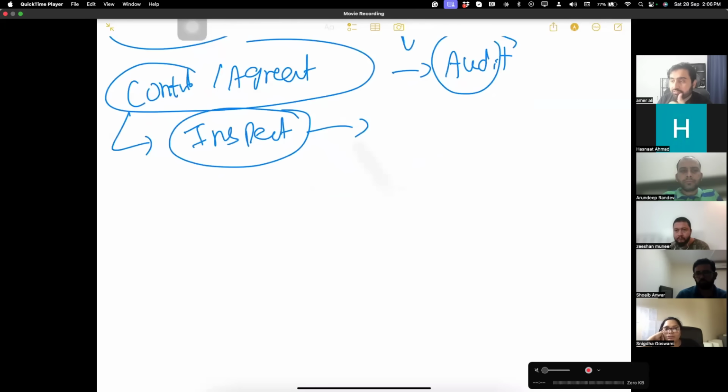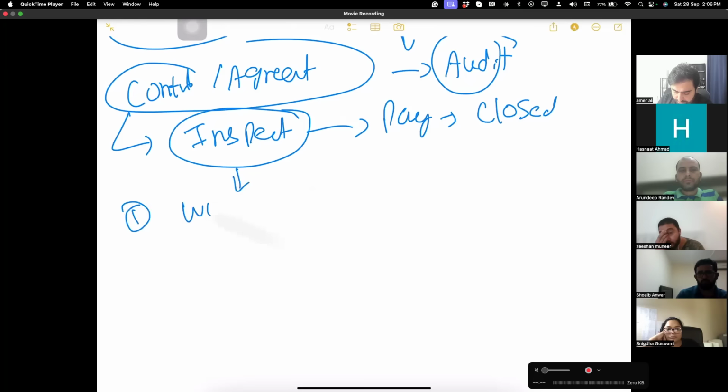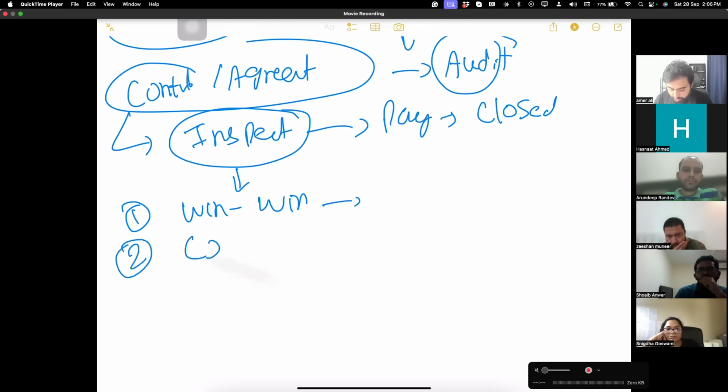If you agree, you pay them, the contract is closed. Procurement is closed. If you inspect and you disagree, there's a conflict. You try to get a win-win situation so that both parties can give their inputs. But if you are unable to get win-win, do what is written in the contract.